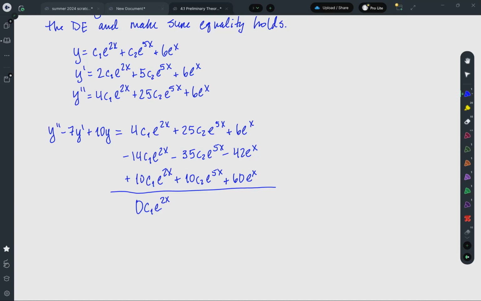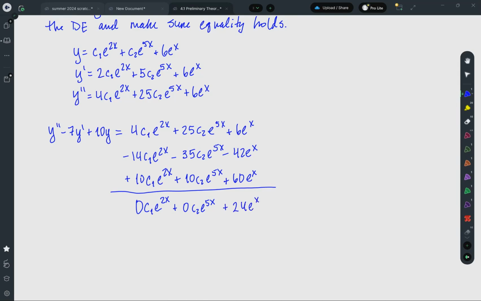Similarly, with the second column, I have 25 plus 10 minus 35. That's plus 0 c2 e to the 5x. And then I have 6 plus 60 minus 42. So let's see. Math is hard. That's going to be 24. Yeah, that'll be plus 24 e to the x.